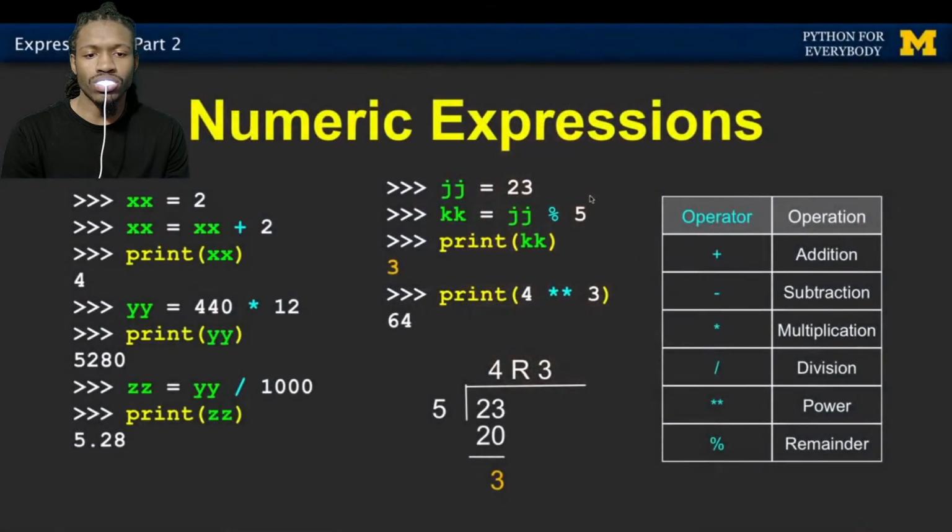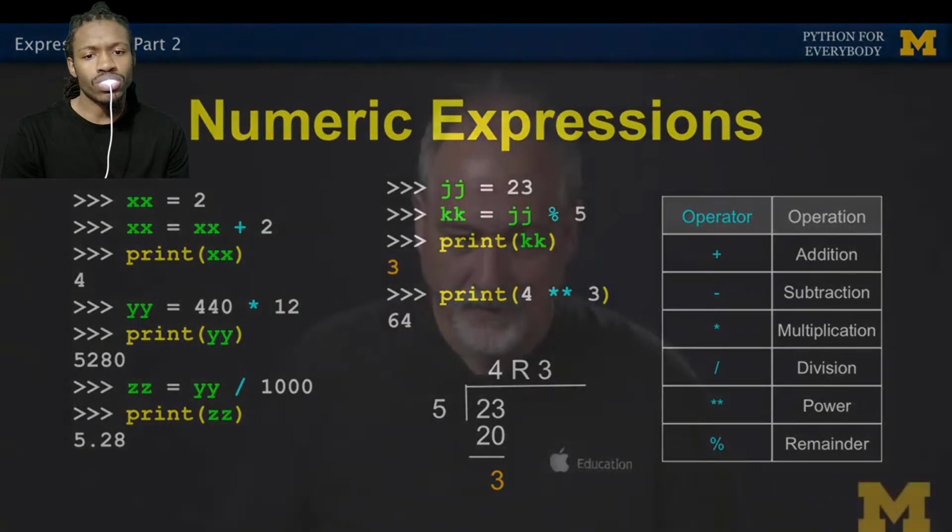So like games and stuff, there are other situations where you can do even and odd calculations, like is this an odd number or an even number, divide it by 2 and see what the remainder is. So this whole notion of the modulo operator is really useful in some situations, and that's why we obsess about it a little bit. The power operator, this is like 4 times 4 times 4, which is 64. So those are the numeric expressions.